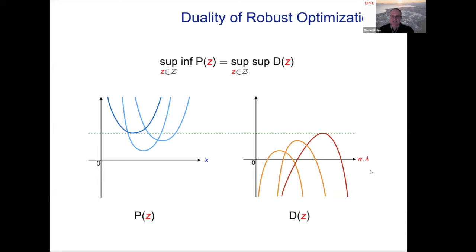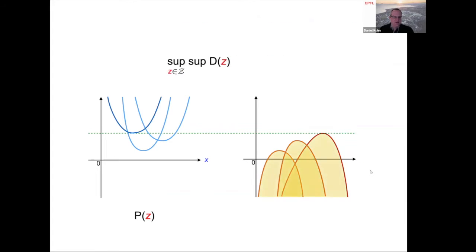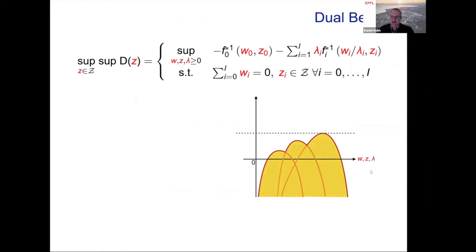Okay, so let's now return to our identity for the highest optima of the primal and dual scenario problems, and let us focus on the highest dual optimum on the right-hand side. Again, writing down the dual scenario problem explicitly as a constrained maximization problem in this case, and merging the supremum over Z with the supremum over the decision variables W and lambda, we then obtain what we call the dual best problem.